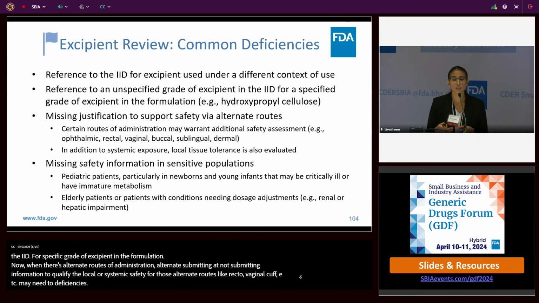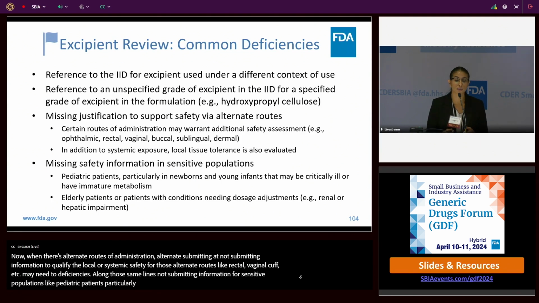And along those same lines, not submitting information for sensitive populations like pediatric patients, particularly newborns and young infants that may have immature metabolism, or patients with conditions that need dosage adjustments like patients with renal or hepatic impairment.